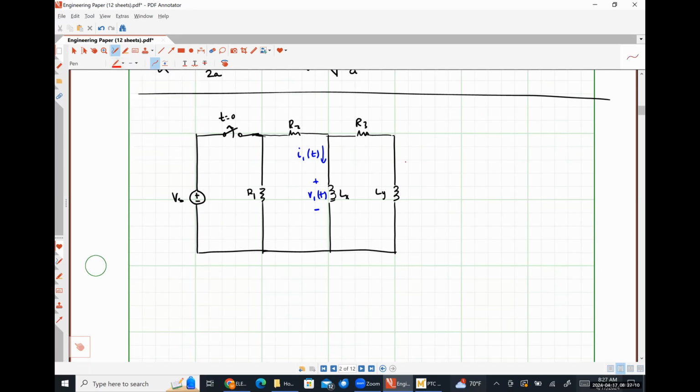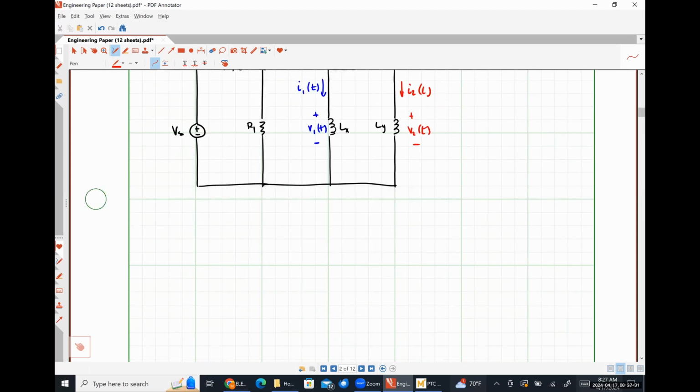And this will be I2, and this will be V2. I'm going to attempt to follow a pretty similar approach where I'm going to do KCL and KVL and just see what shakes out.